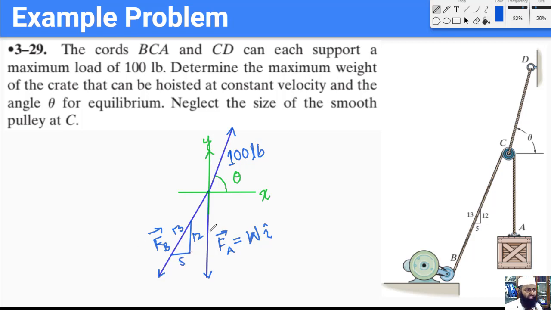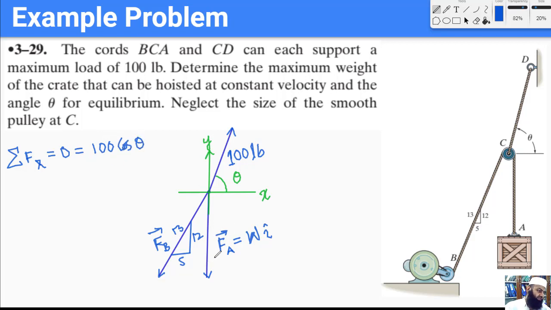So we have this picture here, and the next thing again we want to do is to write the equations for equilibrium. So first of all, we write the equation for the sum of all the forces in X equals 0, which basically implies that there is an X component of this force 100. So 100 cos theta is the X component of this.